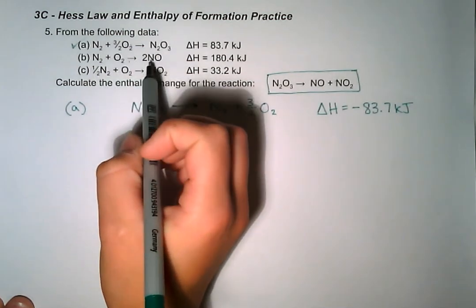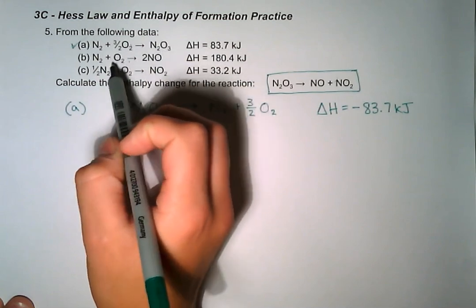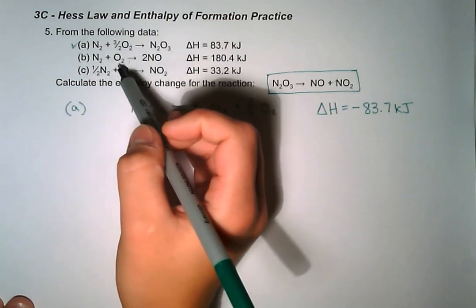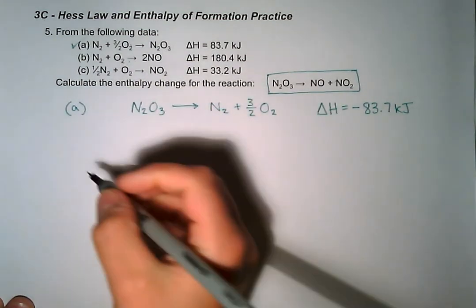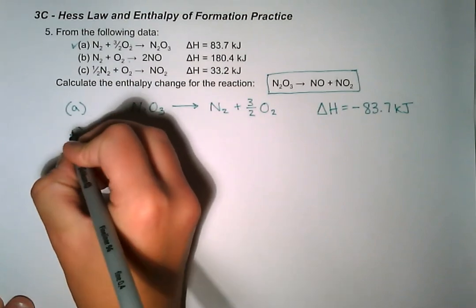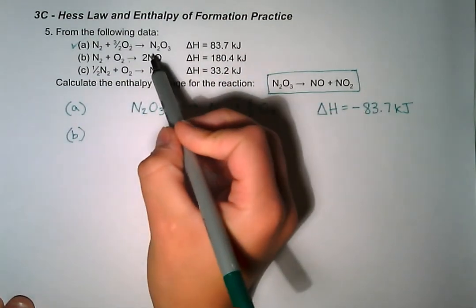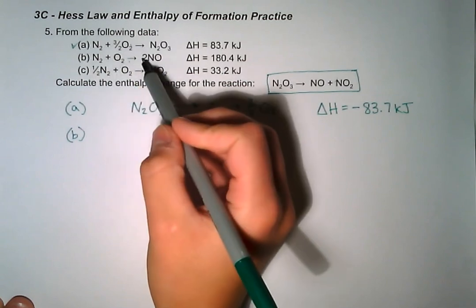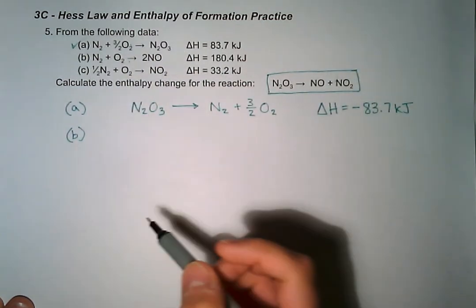So I am going to need to divide reaction B by 2, or you can think of it as multiplying it by 1/2. Either way, whichever is easier for you. I'm going to keep NO on this side, so I'm not going to reverse the reaction, but I am going to divide everything by 2.